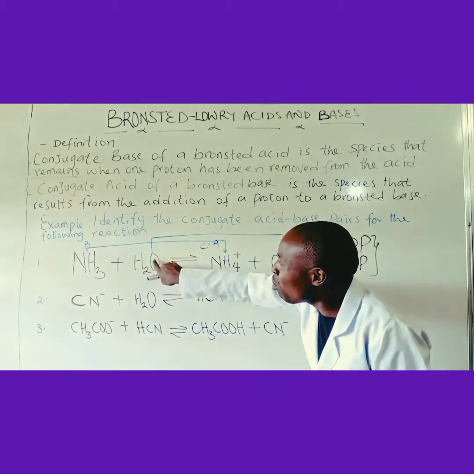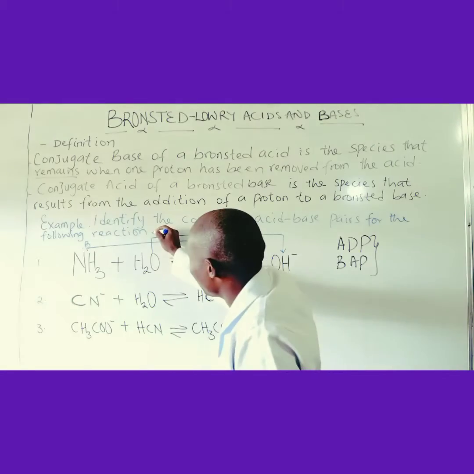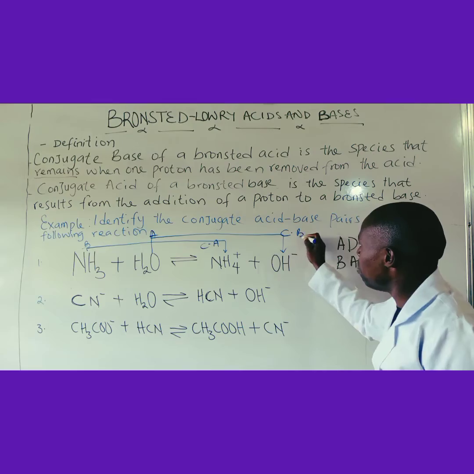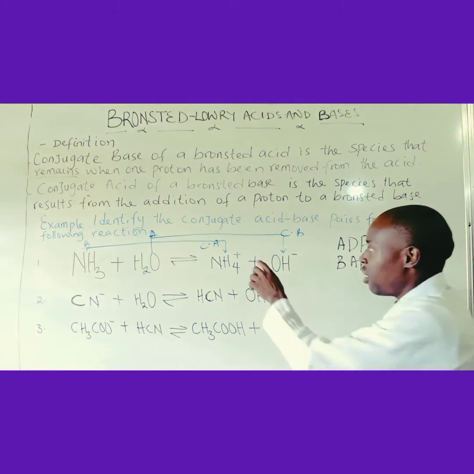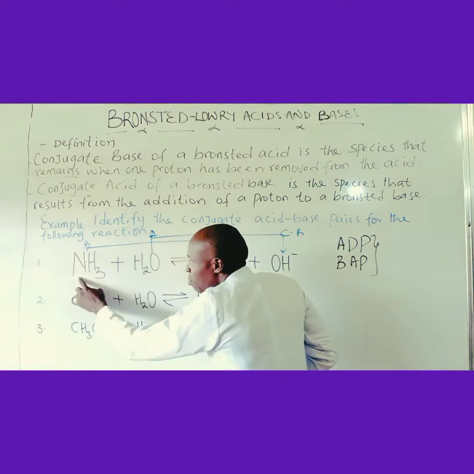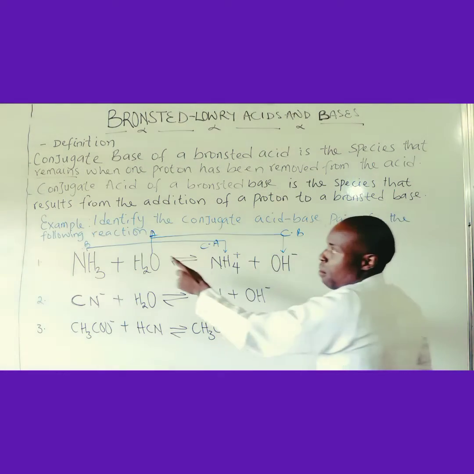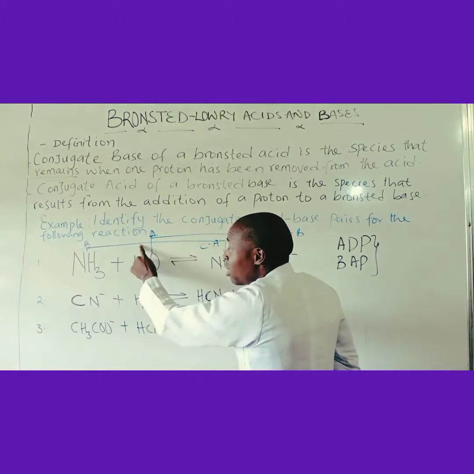And when we remove a proton from this acid here, what do we get? We get a conjugate base. Simple. Meaning a conjugate acid from a Bronsted base, and a conjugate base from a Bronsted acid.